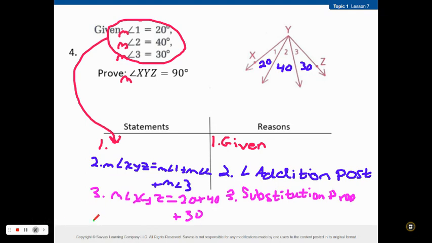And then this leaves me with step 4, which is adding those together. So the measure of angle XYZ is going to equal 90, which is what I'm looking for. But what did I do there for step 4? Who could tell me? You have 2 options here. I just need one of them.